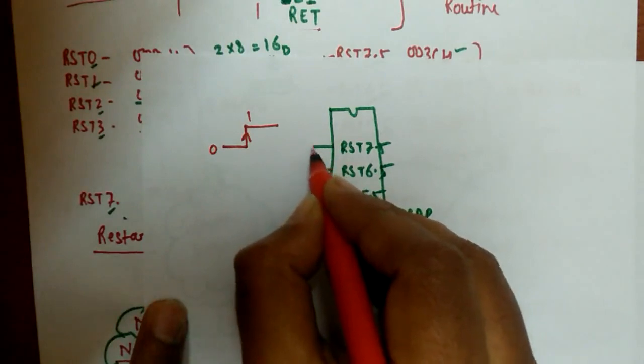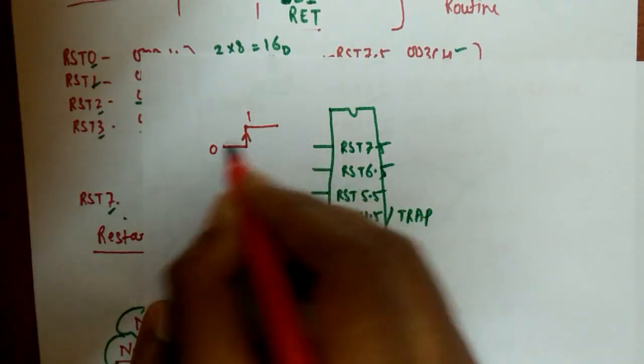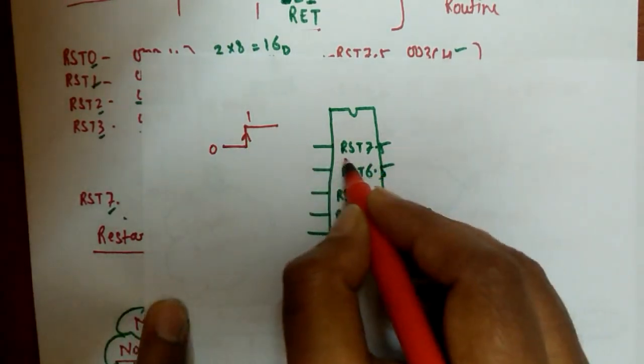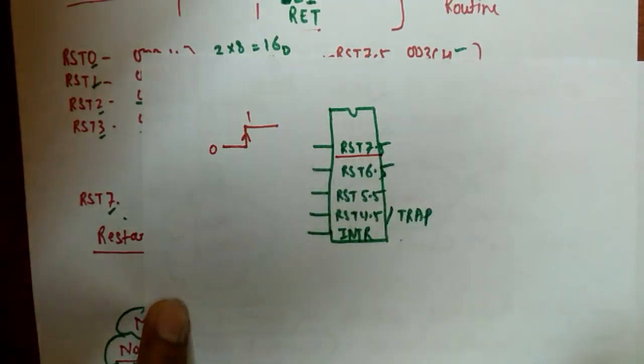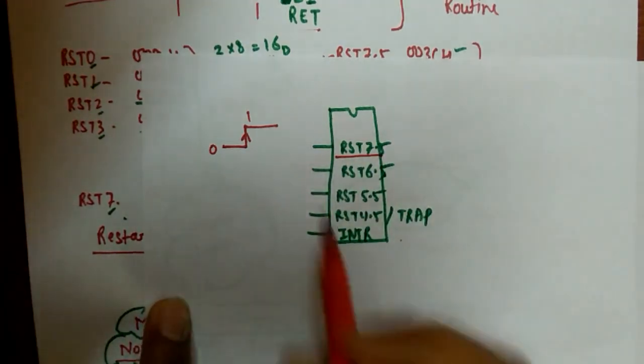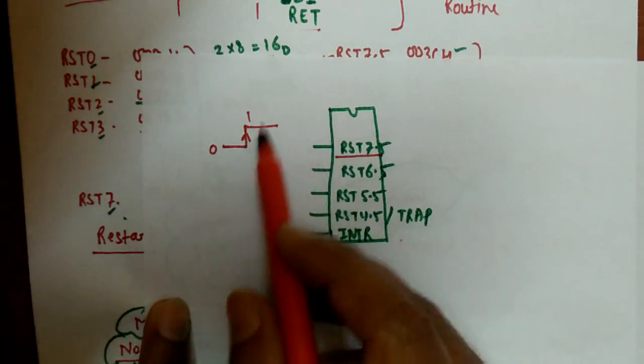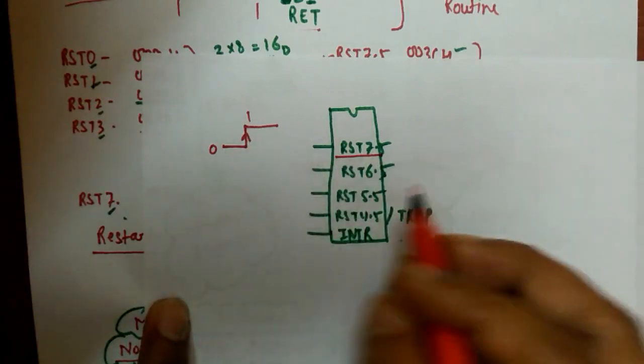If this transition occurs at this pin, then the microprocessor will recognize this signal and an interrupt will be initiated.